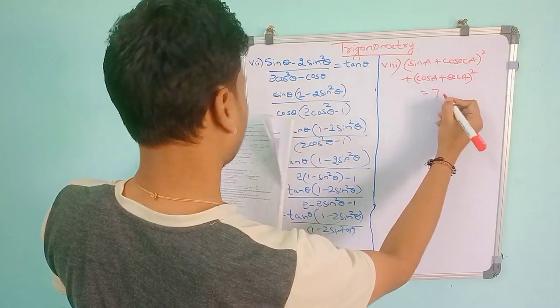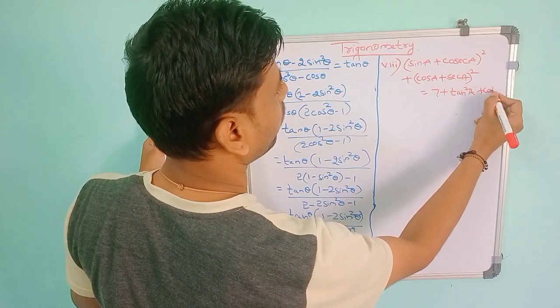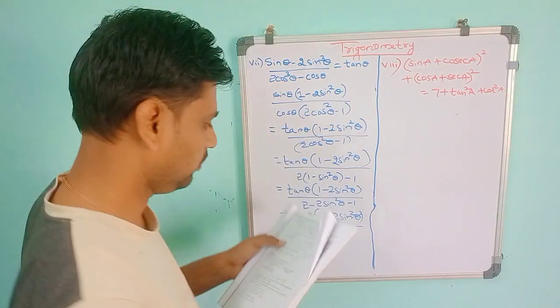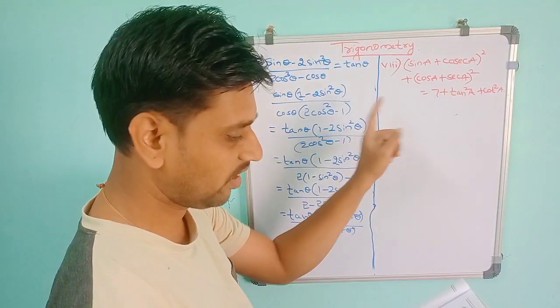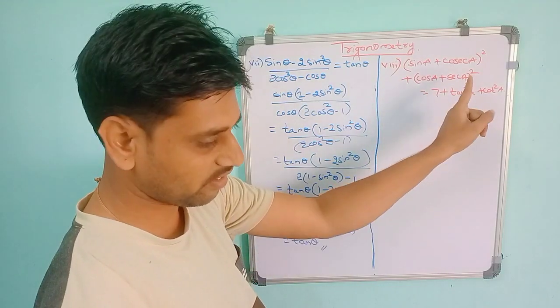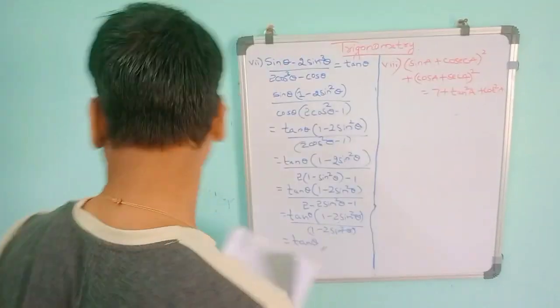The result is 7 plus tan square A plus cot square A. So the question is that sin A plus cosec A whole square plus cos A plus sec A whole square is equal to 7 plus tan square A plus cot square A.